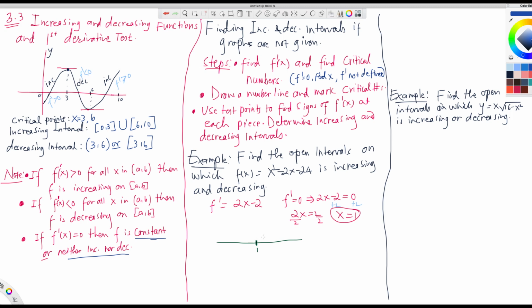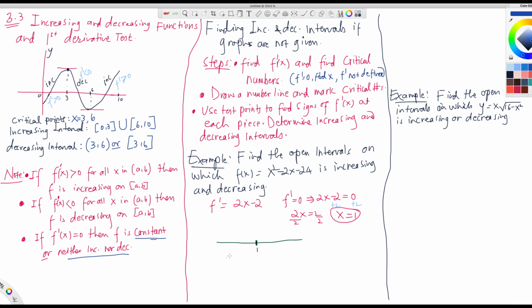Now I take a test point and use it to find out the sign of f prime. I will pick a test point or test value. I want to make a small table there, because this is the critical number, right? So there is one piece on the left side, one piece on the right side.